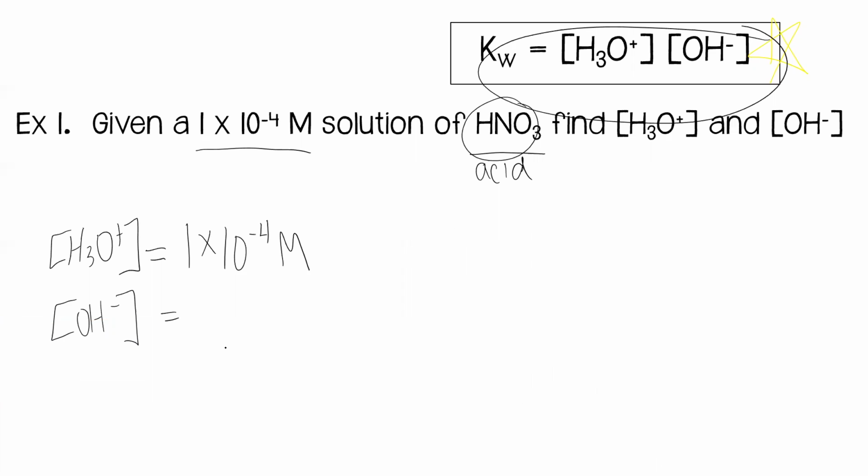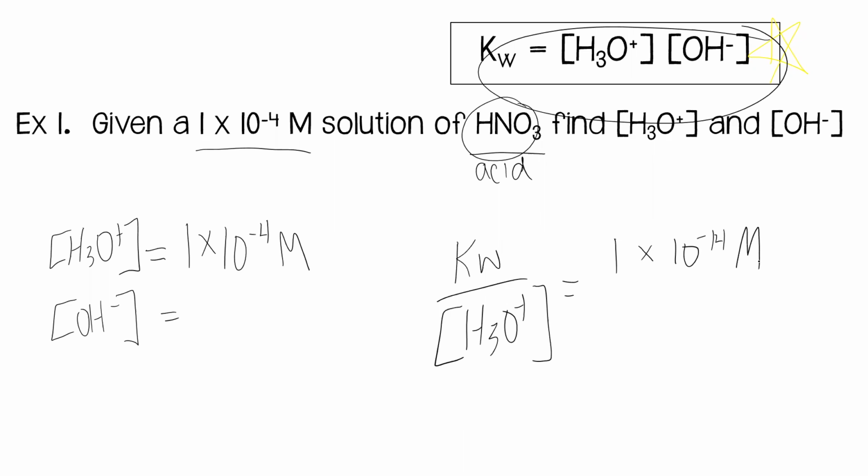So once again, we're looking for the hydroxide ion concentration. That is going to be equal to Kw divided by the hydronium ion concentration. What is Kw? That was on the last slide. 1 times 10 to the, do you remember? Negative 14 M squared.